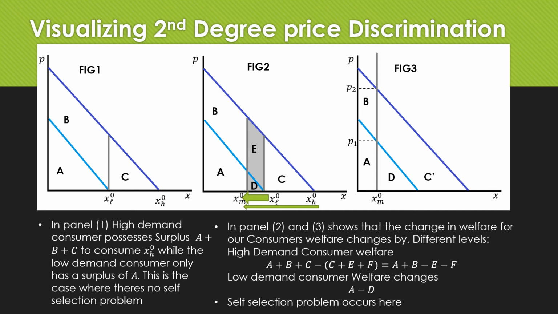For our high demand consumer, we see a change in the area of AB minus EF, which is shown by this whole picture here, while the low demand consumer's welfare change is just A minus D. In this case, we have a self-selection problem because we have two different prices being charged for the same sort of quantity. So that is our video on second degree price discrimination.